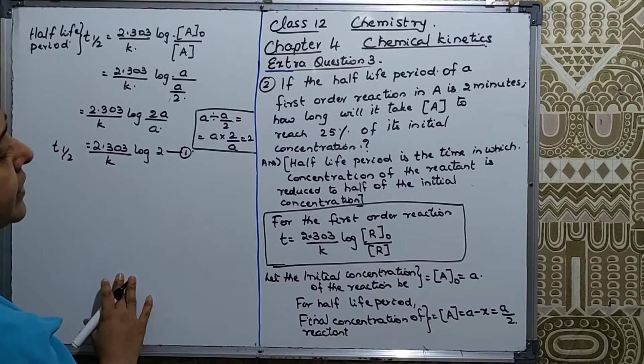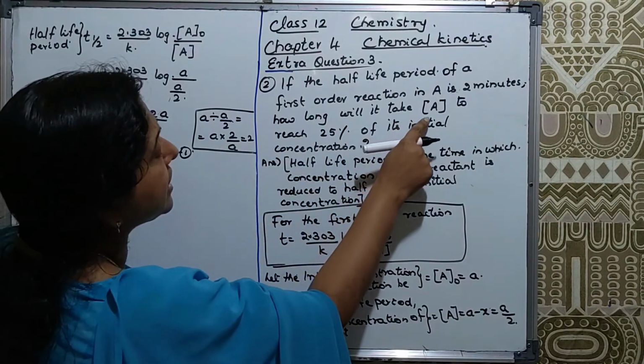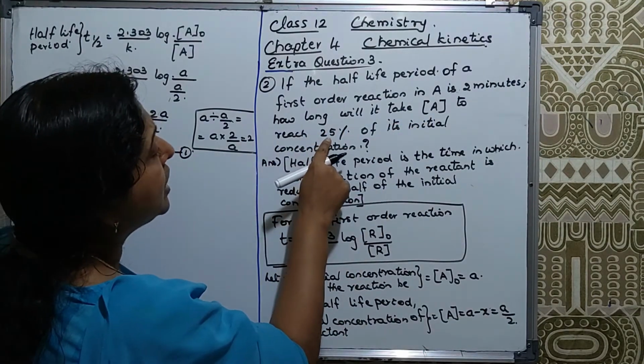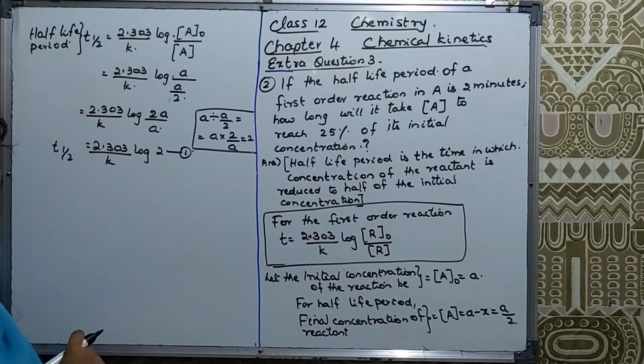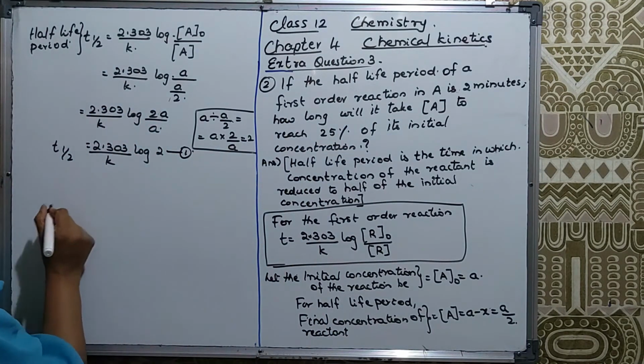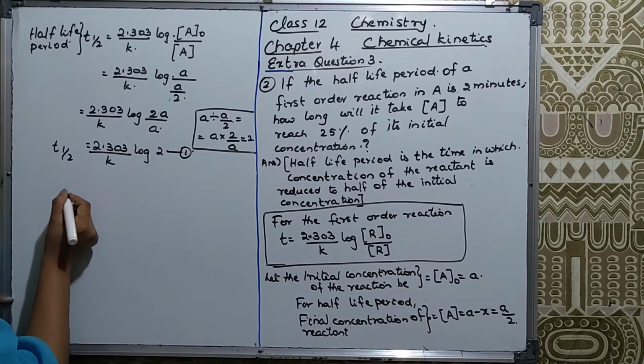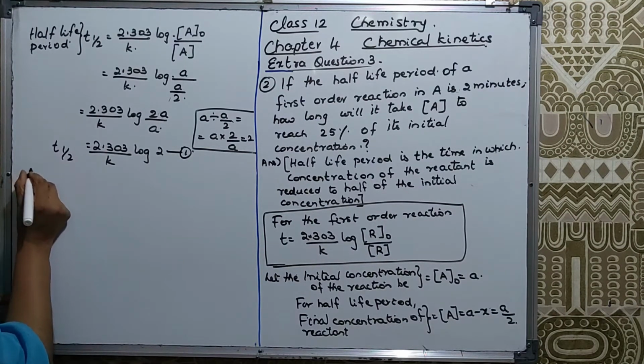Now they asked how long it will take for the concentration of A to reach 25% of the initial concentration. So in the second part we are doing it for 75% completion. At that time 25% of the initial concentration will be left.